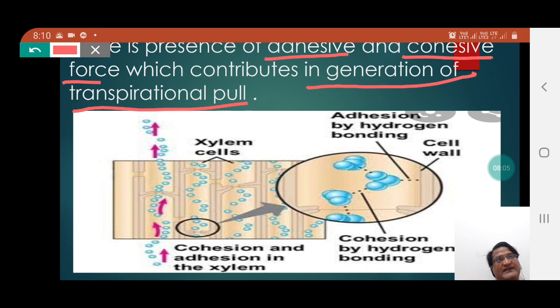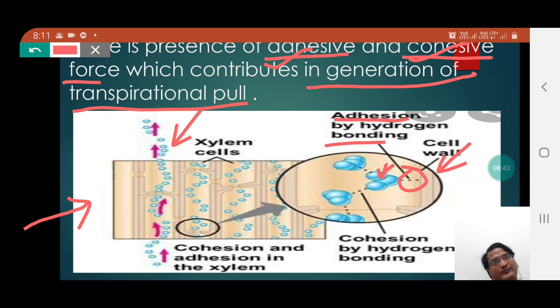So students, let's understand this concept of adhesive and cohesive force with the help of this picture. Students, here you can notice that these dot like structures are the water molecules. So students, the bond which you can see here getting formed between the water molecule and the cell wall of the vessel, this is the adhesive bond.